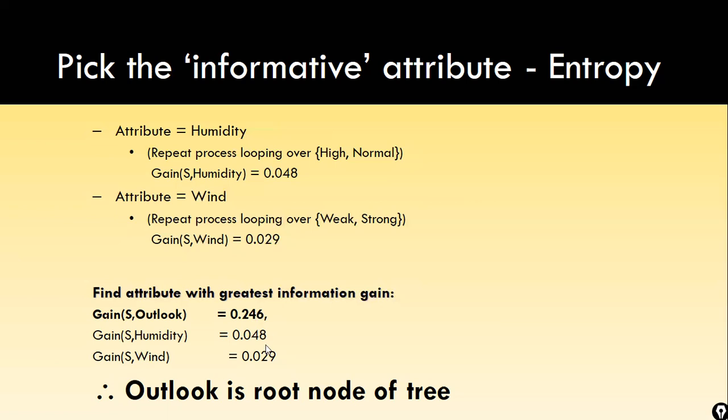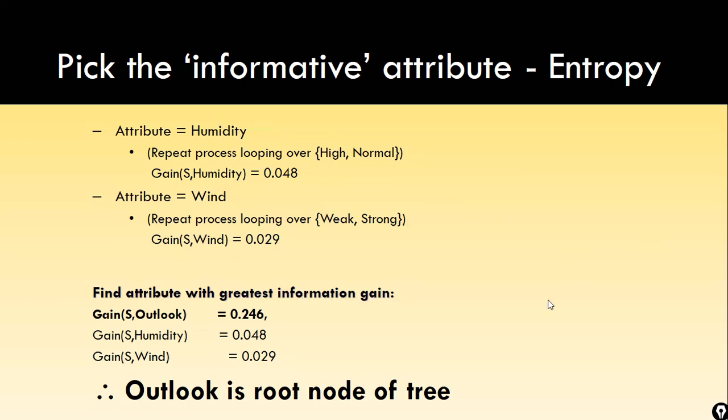This is how it determines which column should be a root node, which column should be a branch node, which column should be a sub-branch node. Whichever column has higher gain, that one will undergo split. The same thing is applicable in the case of Gini. Whichever has the higher value will be considered as a root node.